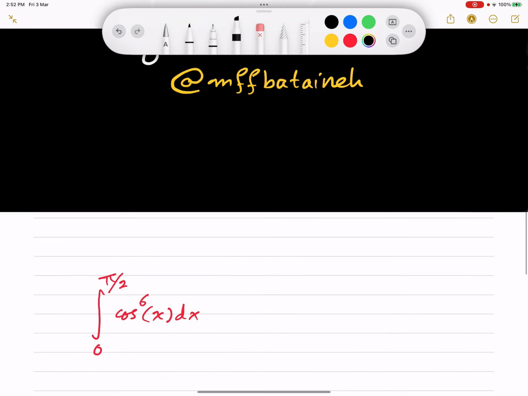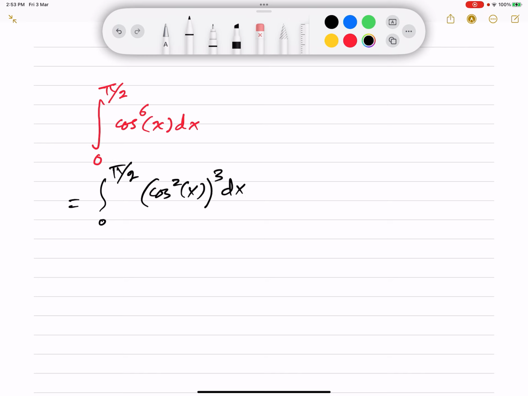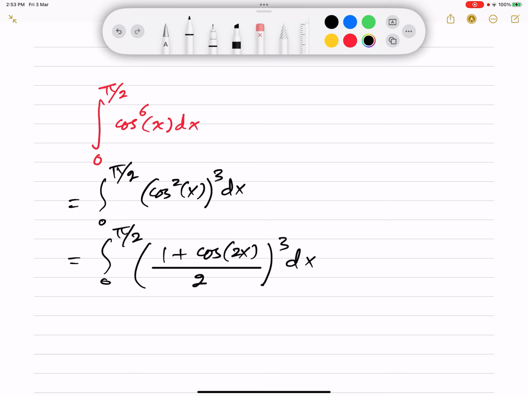So first of all, the first step is to rewrite cosine to the power 6 as cosine squared of x all to the power 3 dx, and then we can use the double angle formula, which is 1 plus cosine twice the angle divided by 2, all to the power 3 dx.